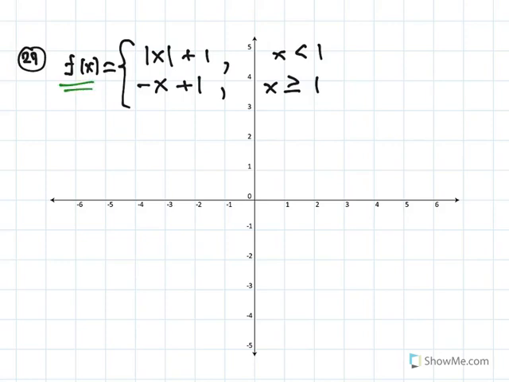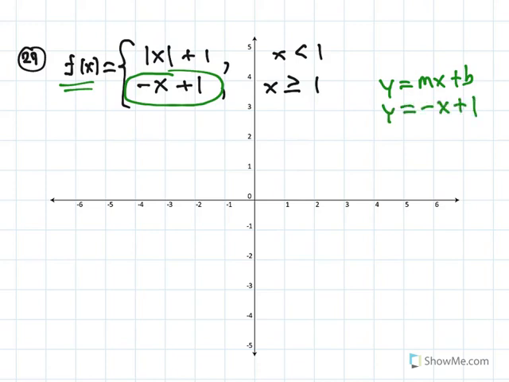To graph the piecewise defined function, we can start by graphing the second rule, which has the form y is equal to mx plus b. We have y is equal to negative 1x plus 1. So the y-intercept is 1 and the slope is negative 1.